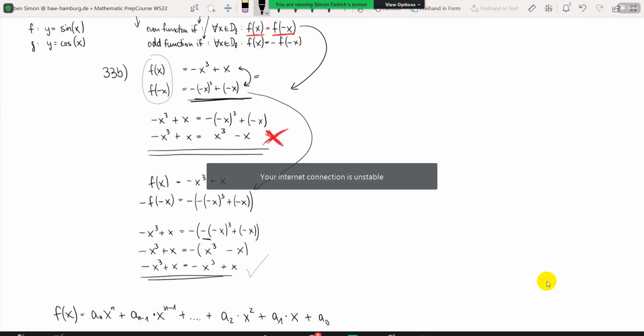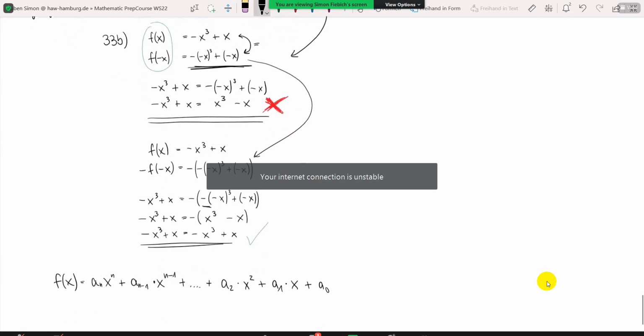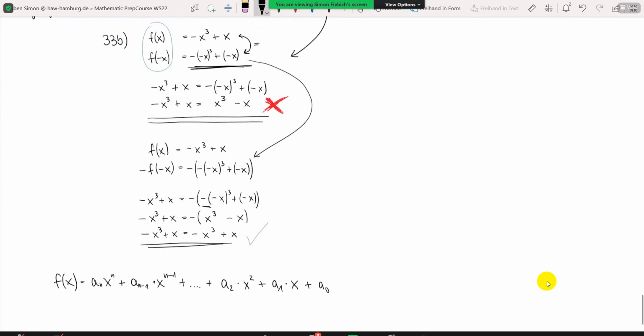So this is the common setup for a so-called polynomial function.